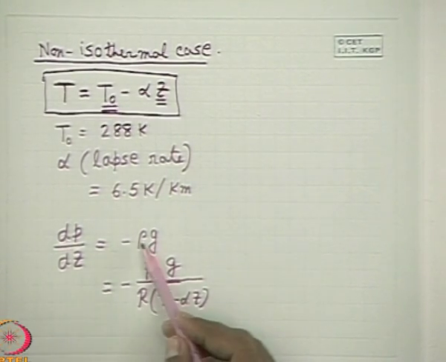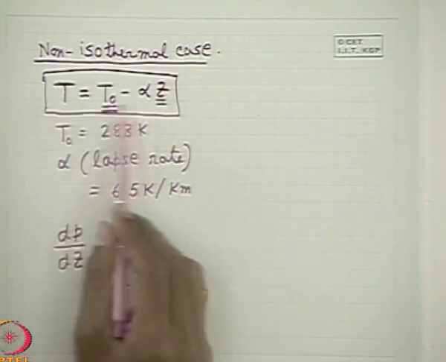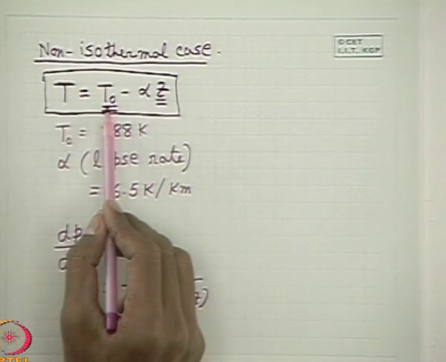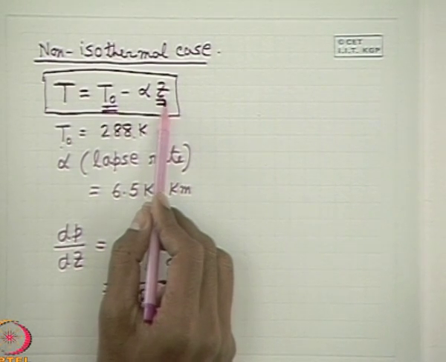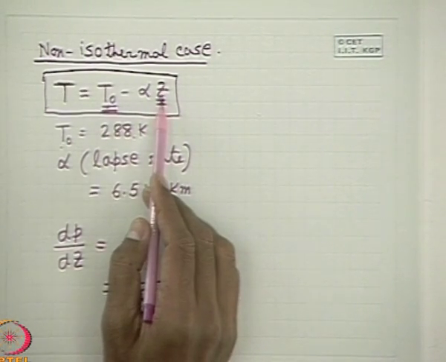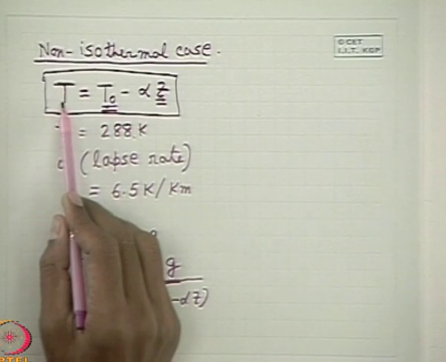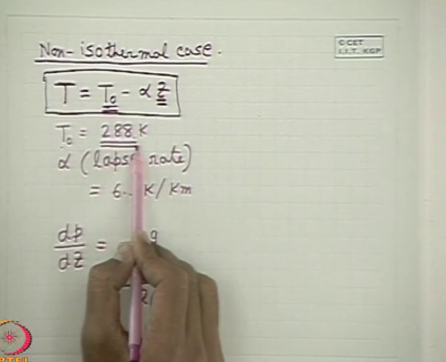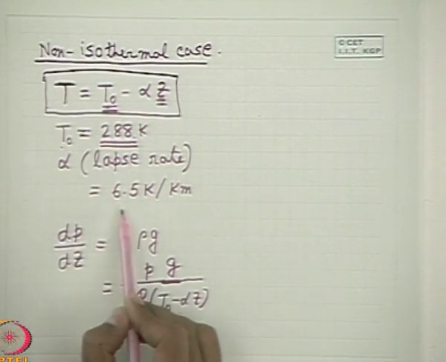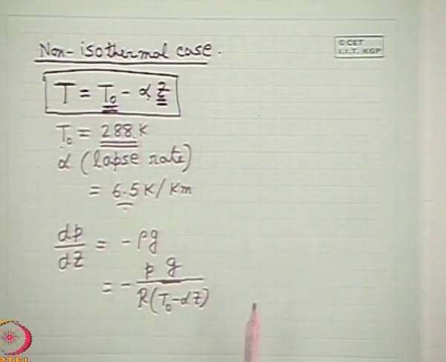That means what I have done: rho is P by RT and T is varying with z. T0 is a constant, which is the value when z is equal to 0, where z is measured from the Earth's surface at sea level, and this is the temperature at any altitude z. T0 is usually 288 Kelvin, the typical value, and alpha is this one. So T0 and alpha are the constant parameters.